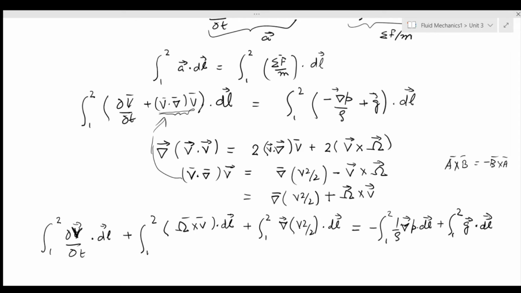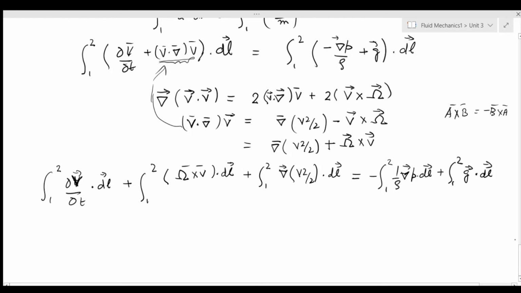Now G, I know already, is along the minus Z direction only. I also know the relation that for any scalar phi, del phi dot dl would be nothing but d phi.